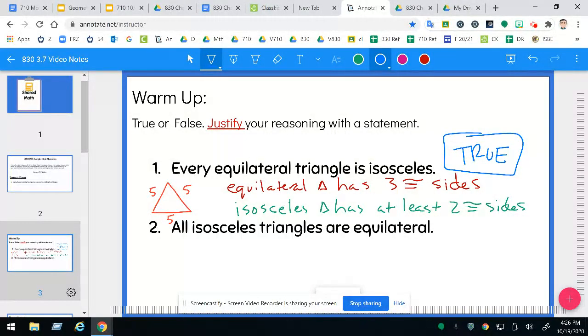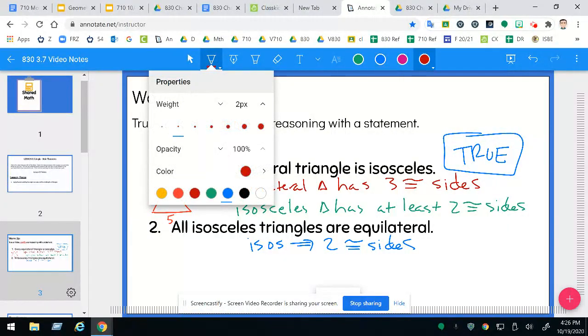How about number 2? All isosceles triangles are equilateral. Okay. Same definitions, right? Isosceles has two congruent sides, and we know that equilateral has 3. Well, let me draw a little diagram for this.